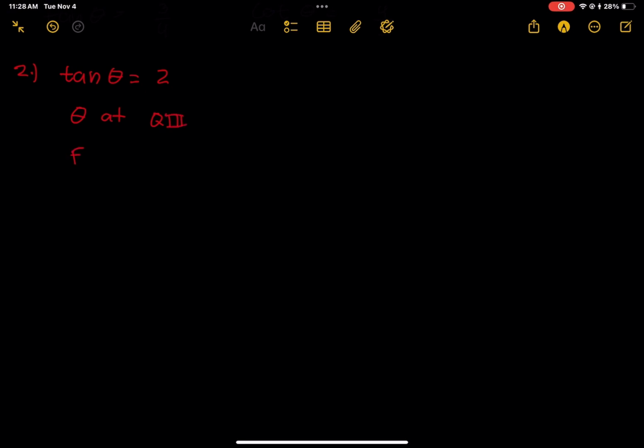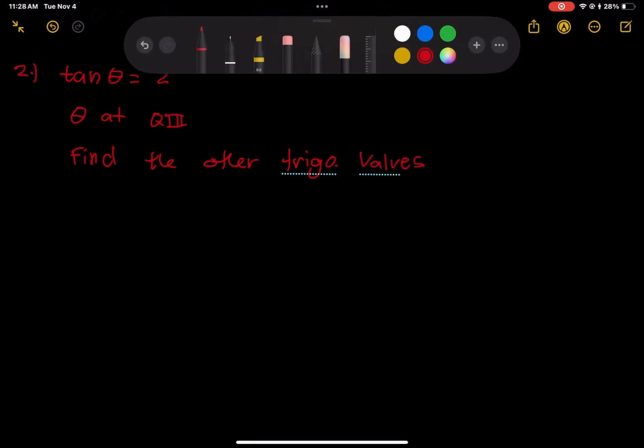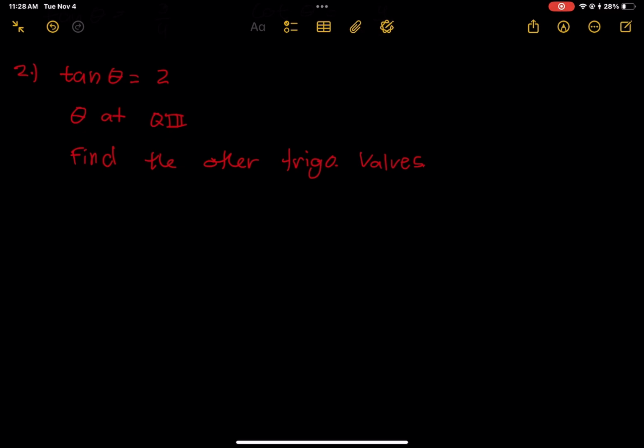We have to find the other trigonometric ratios. So our given is the tangent. By having this given, we can find the sine and cosine using the formula.